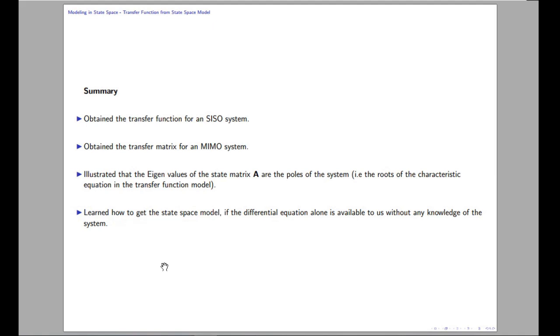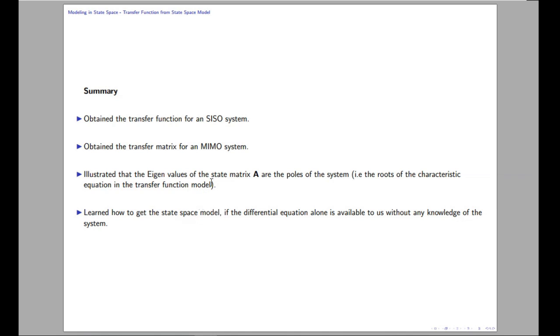I'll just recap whatever we learned so far. In the first four lectures, we modeled the electrical and mechanical systems in state space. And in the fifth lecture, we understood how we can transform the state space model to a transfer function model. Okay, that was well explained in lecture 6 using some numerical problems. The numerical problems covered both SISO, single input, single output system, as well as MIMO, multiple input and multiple output system.